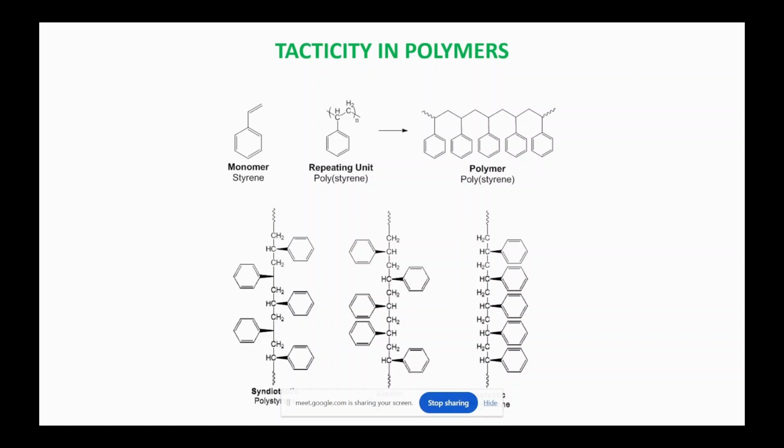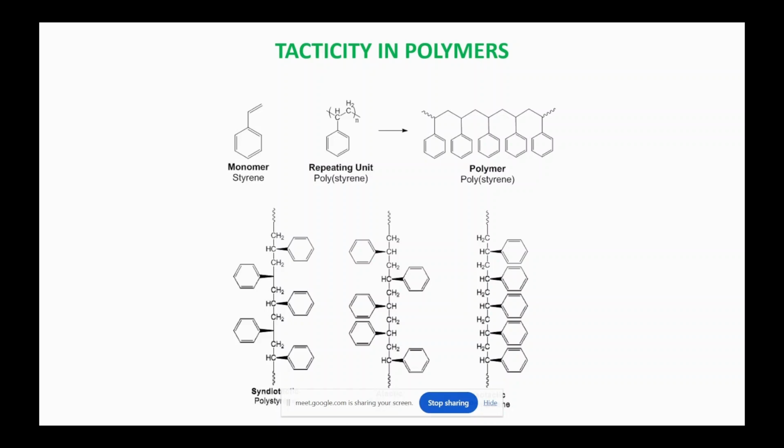The properties of polymers, the process of polymer processing, and their structure are all interrelated and interdependent. Depending upon the properties you want, you can vary the process as well as the structure.